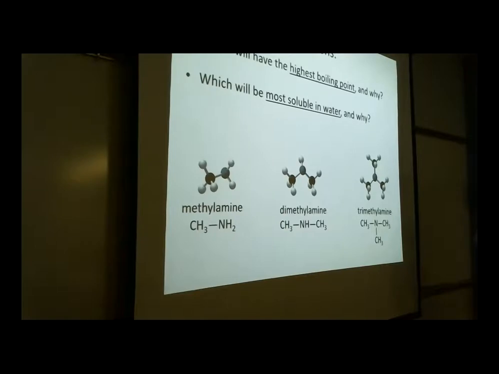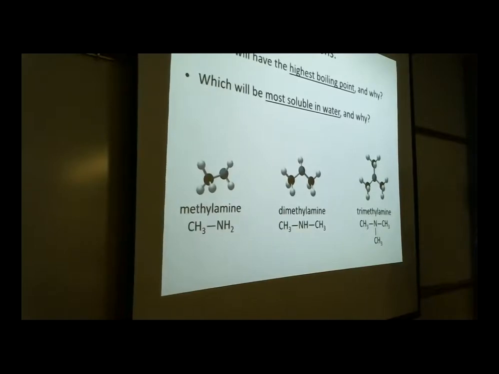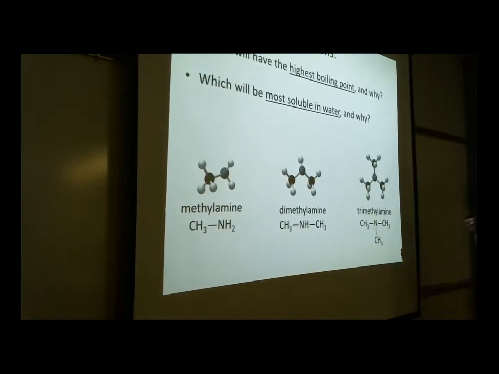Highest boiling point. So let's think about boiling point. Remember, if the boiling point is high, does it have strong IMFs or weak IMFs? Strong IMFs. So all of these have what IMF?